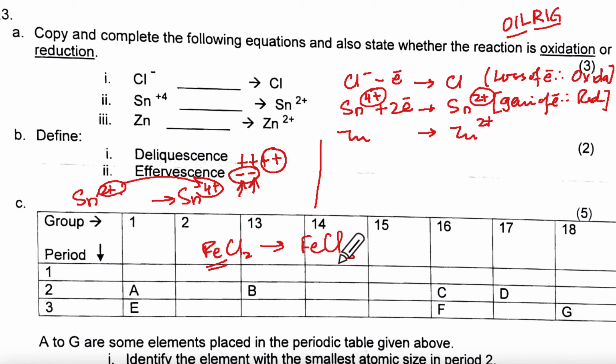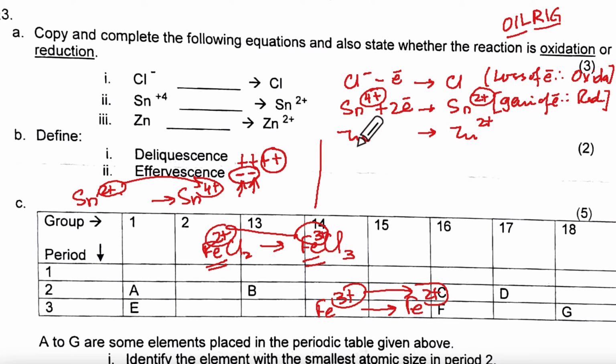Can you see Fe2+ has become Fe3+? This is 2 plus here and this is 3 plus here. Increase in positive valency, oxidation. But if they tell you Fe3+ becomes Fe2+, it is a decrease in positive valency, therefore reduction. Even if you don't write it this way, it's fine.